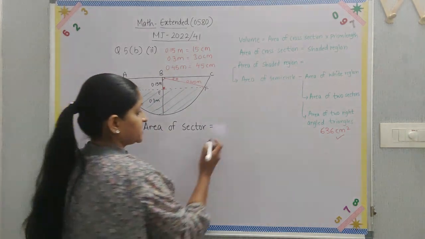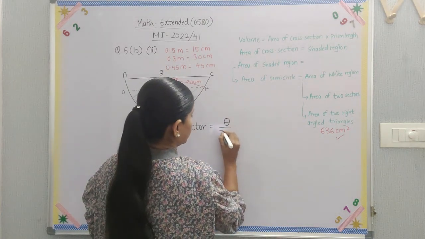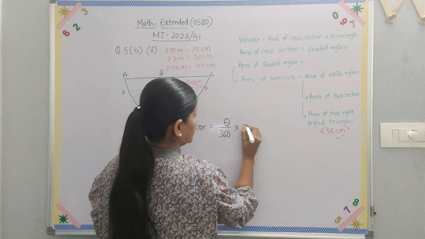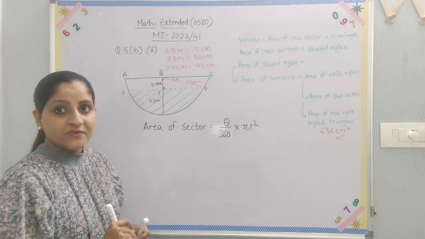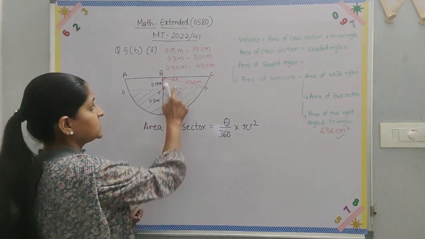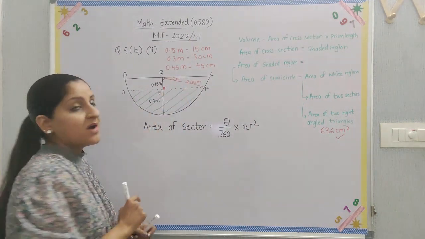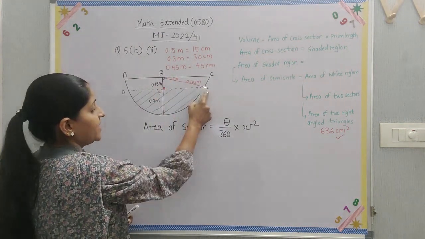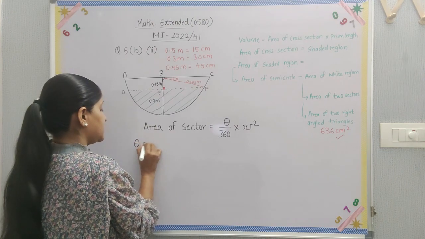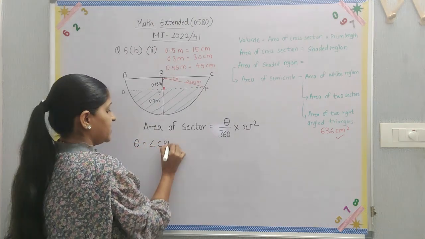So area of sector, we know the formula as theta upon 360 into pi r square. This is the formula for area of sector. Now in this, this particular angle which I have marked is the angle theta, that is angle CBF. So theta is angle CBF.